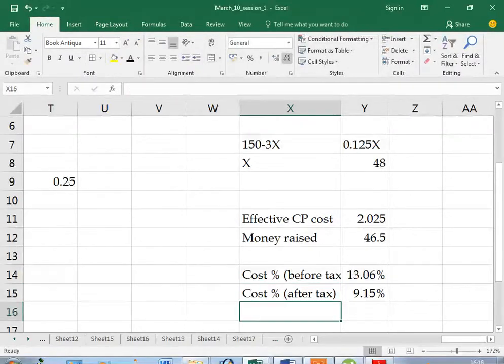How 13.06 is similar to what we did in the last question. Last question I wrote interest, rating charges, all of this. This question had only interest and issue charges. 2 plus 0.025.